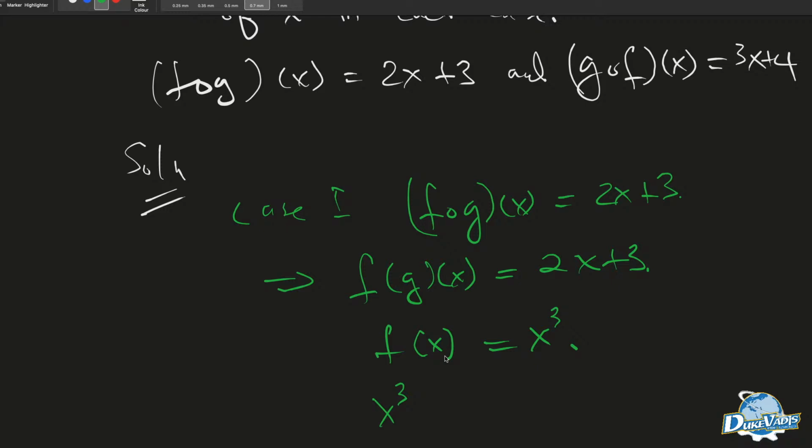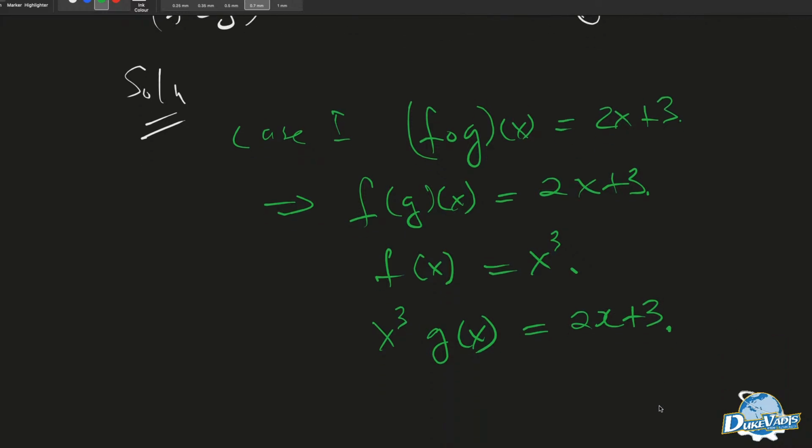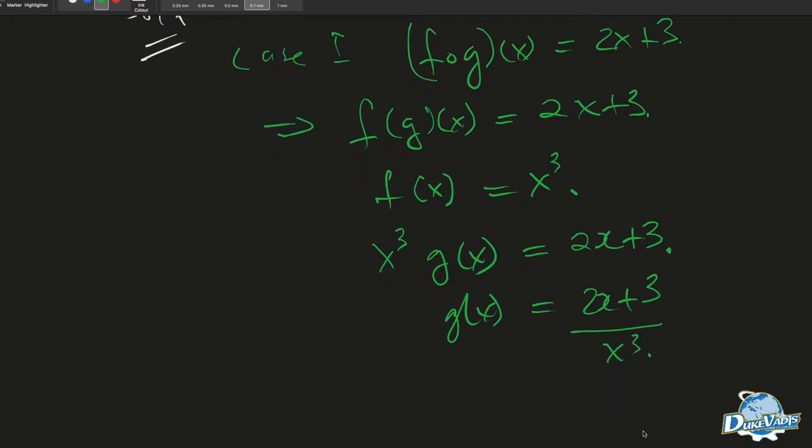So f of x is given as x cubed, multiplying g of x, and the composite function is equal to 2x plus 3. Okay, so to find g of x, we are going to get 2x plus 3 all over x cubed. So that is g of x.